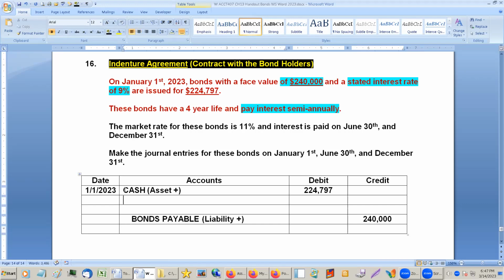But we have a discount. In the book, they show it as unamortized discount on the bonds payable.